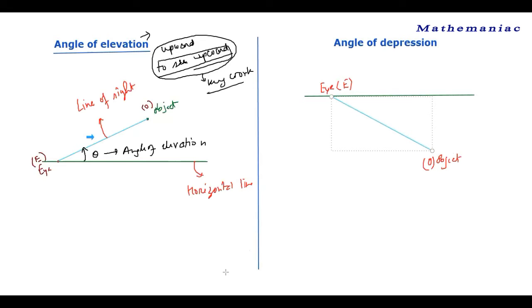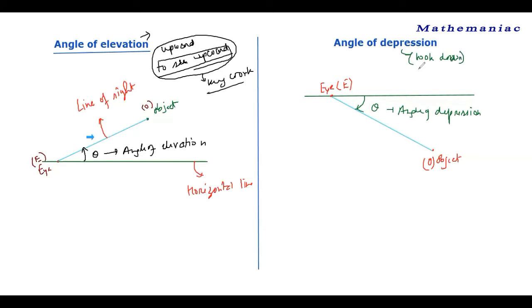But what is the difference this time? The angle you get is coming down. So it is known as the angle of depression. And what is the keyword we use for depression? Look down. Look down.